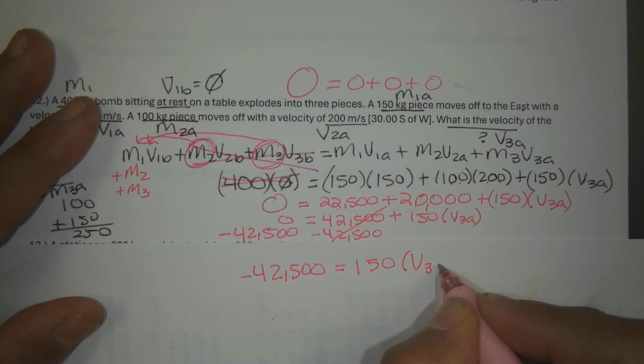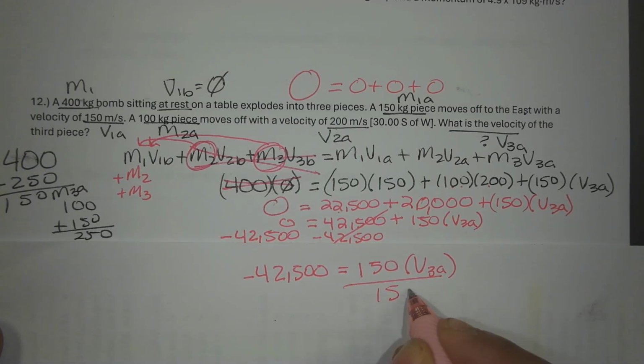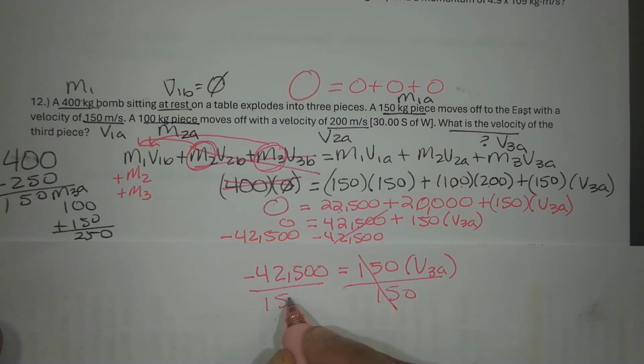150 V3A. I understand if you had chat this or something and your numbers are a little different. We are going to go with Ms. Munson and we are going to ignore those vector directions because not everybody's going into engineering. Now I need to isolate this. Divide it by 150. Cancel.